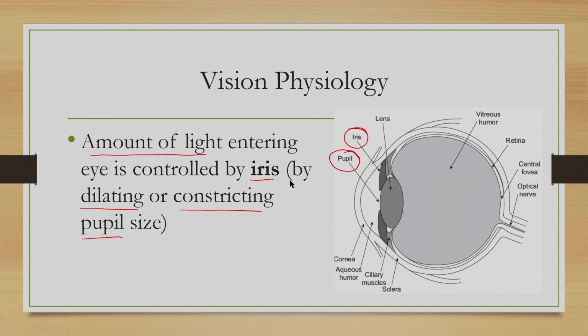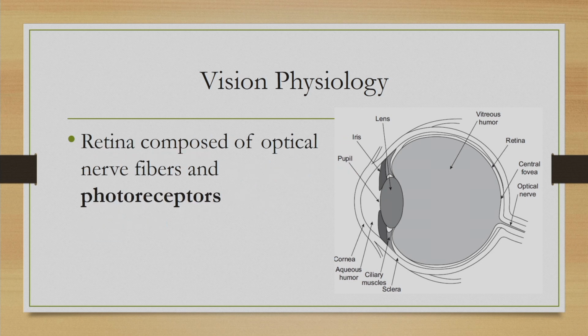So, iris dilates or constricts the pupil to control the amount of light entering the eye. Now, I said that once the light ray falls on the retina, image is formed. How is that done? Now, retina is composed of optical nerve fibers and photoreceptors. They help in forming and transmitting image to the brain.